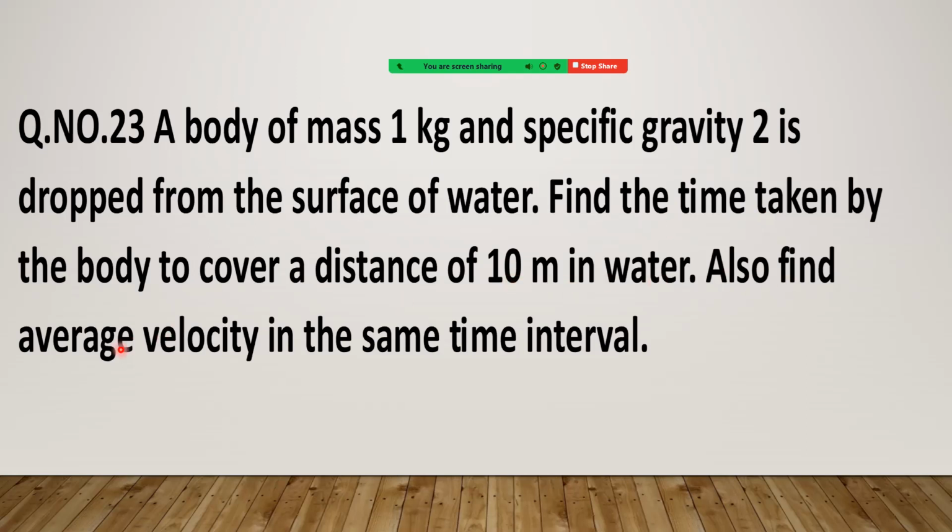Also find average velocity in the same time interval. Given specific gravity 2, dropped from surface of water, time taken to cover a distance of 10 meter. Let us see how to start.